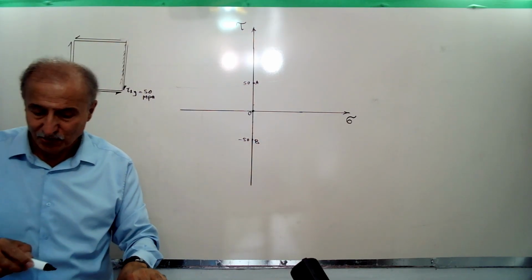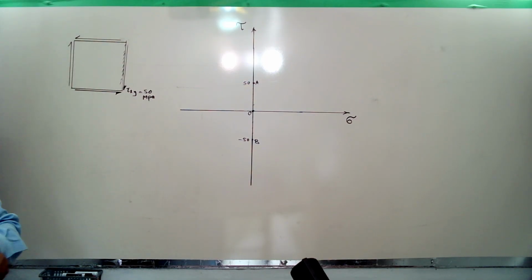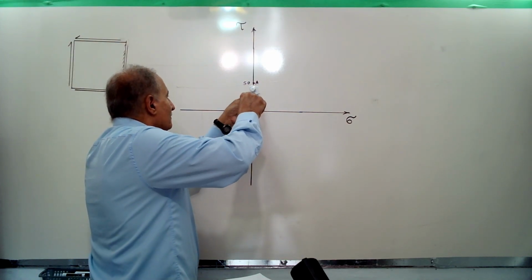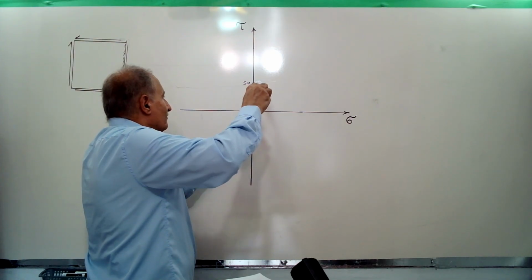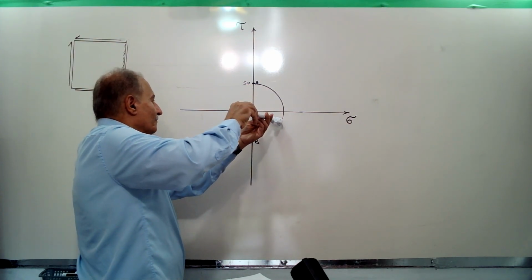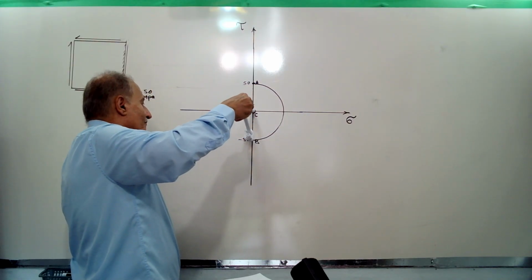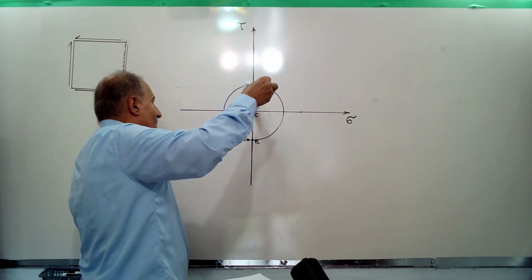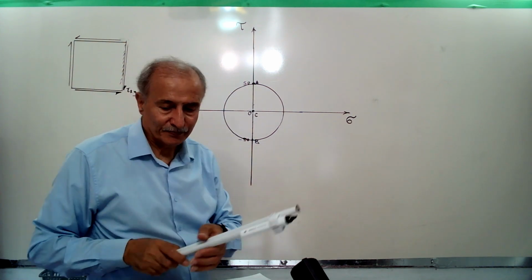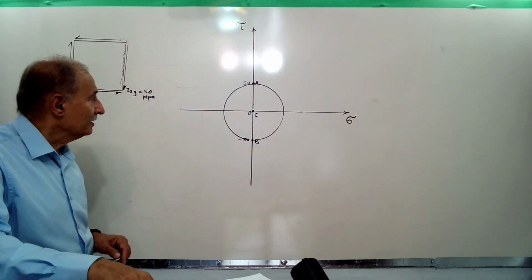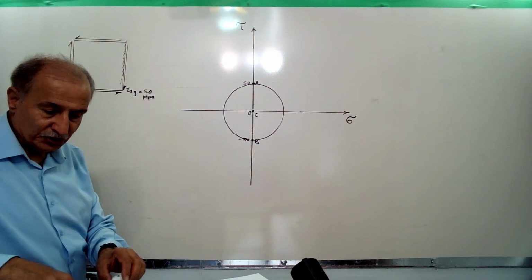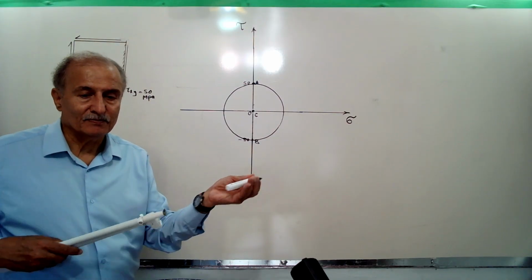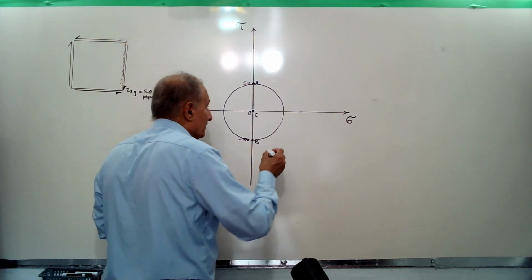Then we draw the circle and reach sigma 1 and sigma 2 stresses.